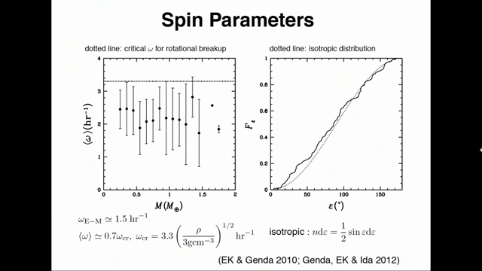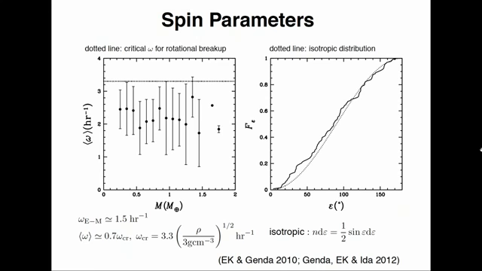Isotropic means that the direction of the spin axis is equally likely in all directions, which is the natural outcome of the giant impacts.